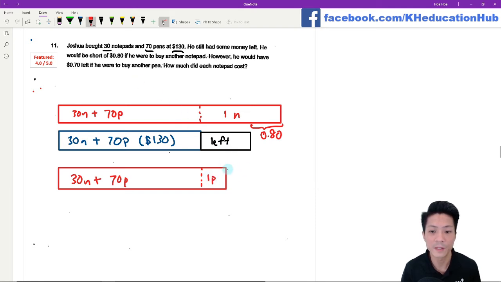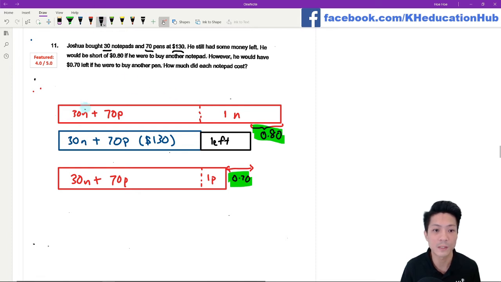You'll be left with 70 cents, so which means here to here is 70 cents. Okay, from here we can see that if you look over here, okay, one notepad is actually $1.50 more than 1 pen.